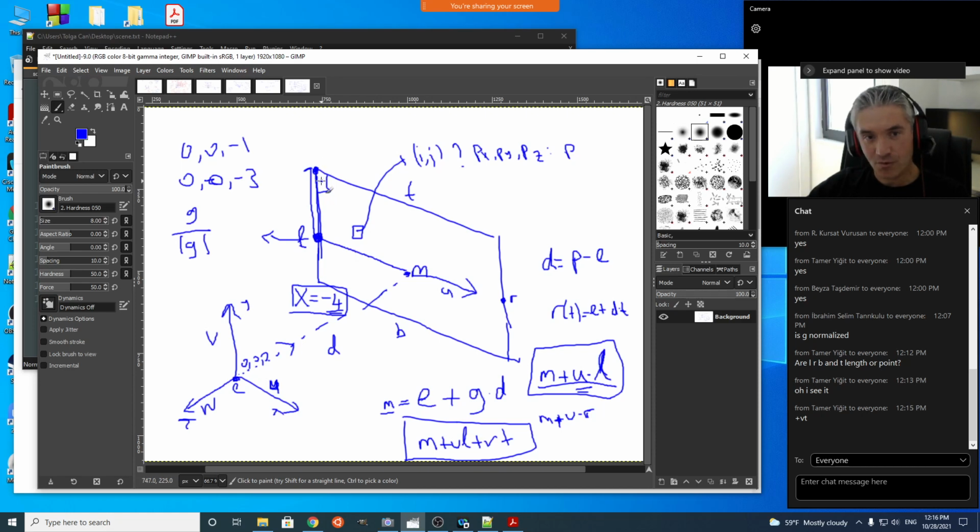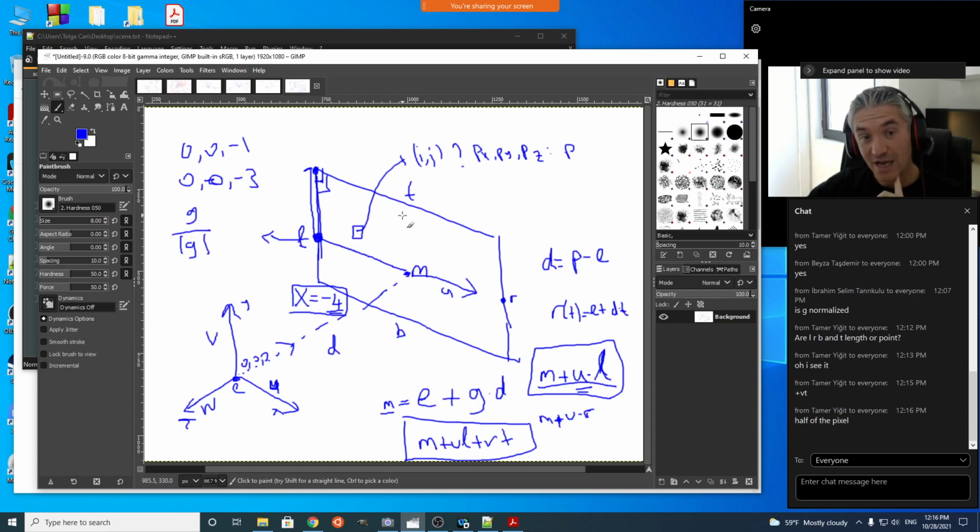But is it the coordinate of the center of the pixel? No, right? We still have to move a little bit to the right and a little bit down to get to the center. How much do I need to go? Half of the pixel, so half the pixel width. What is half pixel width?